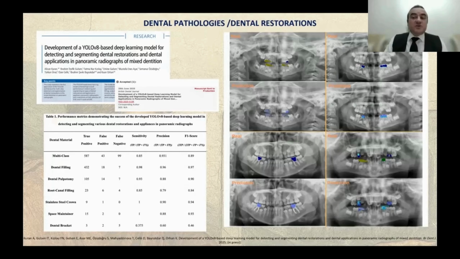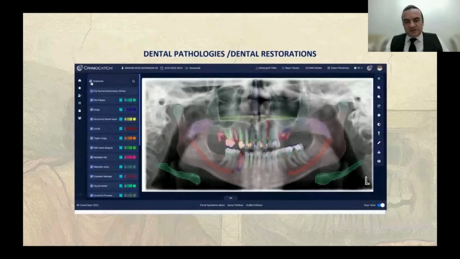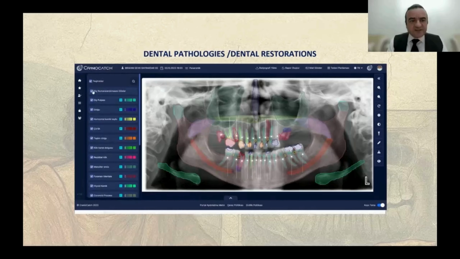This is quite important because the segmentation of these types of dental restorations and pathologies is quite challenging. It may be super overlapped and the algorithm cannot identify what is there and what is not there. But we made all this segmentation out of this model.